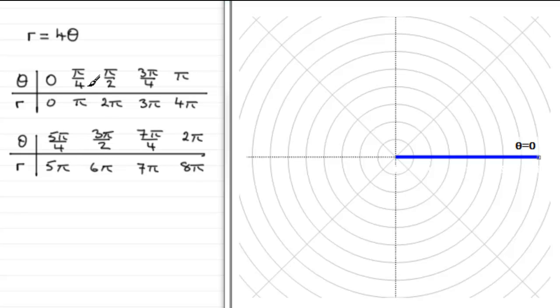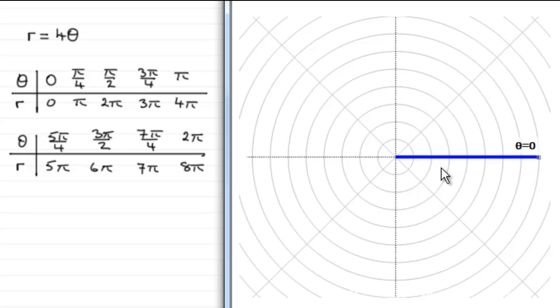Now we need to plot these values on this polar graph paper. And what we've got here is the initial line where theta equals 0. And we've got our pole here, and you'll see all these concentric circles.